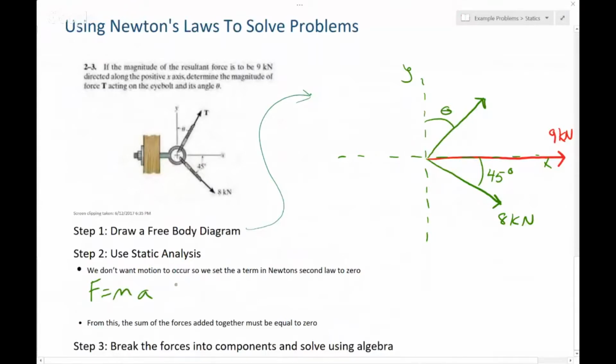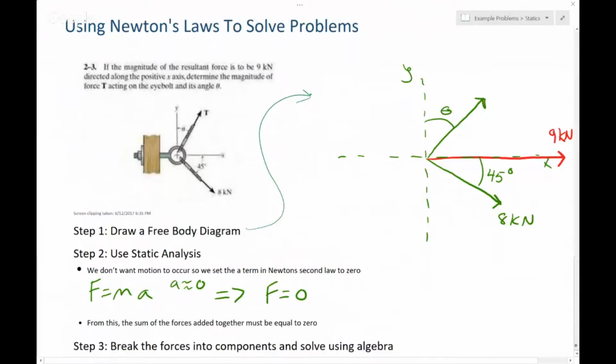And since we want no acceleration because we want this to remain stationary, hence the statics, where statics just means stationary or non-moving, we set A equal to 0, and so then we end up with a force equal to 0. So we want the summation, or the addition, of all of our forces that are acting together to be equal to 0 in our reference frame.